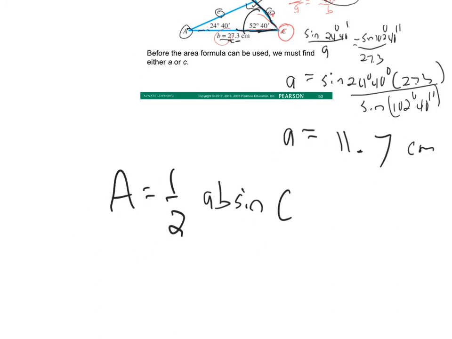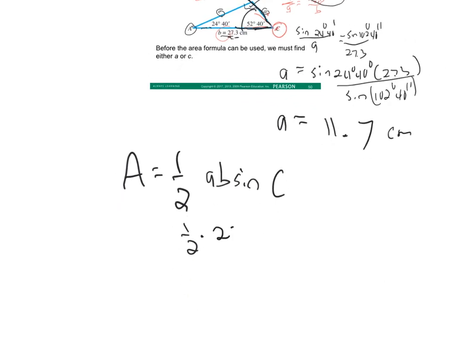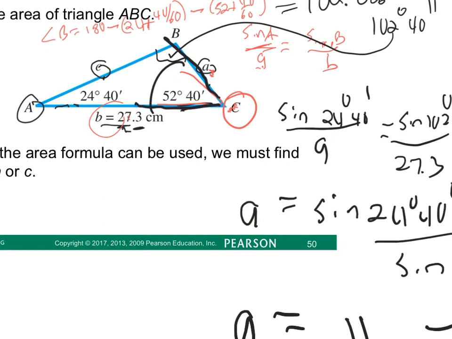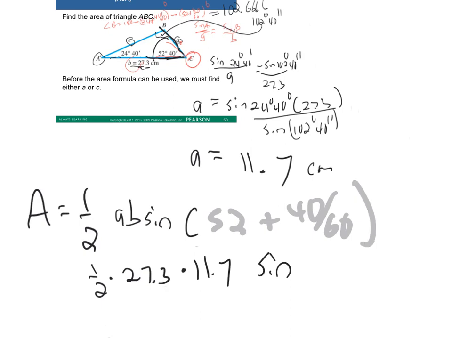Plug everything in. 1/2 times 27.3 times my 11.7 times sine of 52 plus 40 out of 60 degrees.